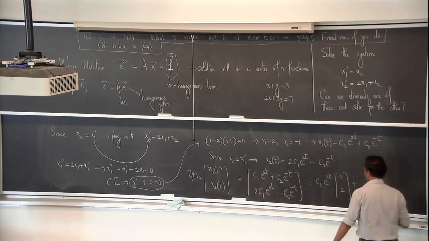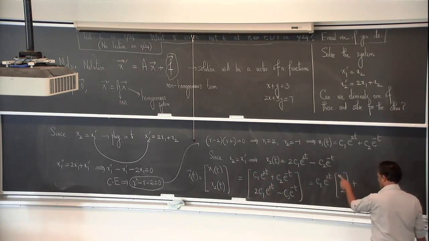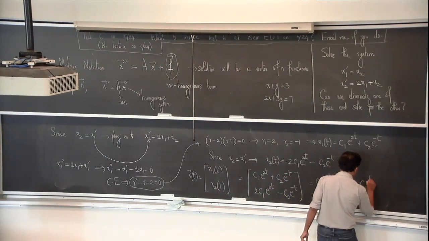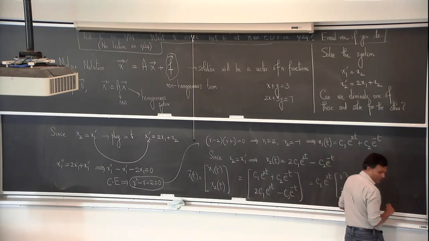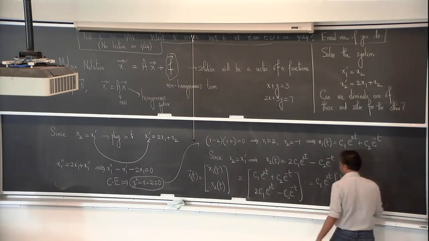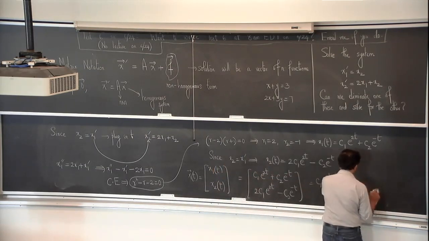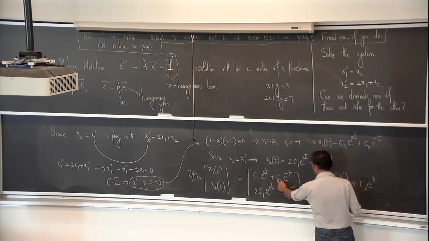So c1 e to the power of 2t times (1, 2) plus c2 times e to the power of negative t times (1, negative 1).